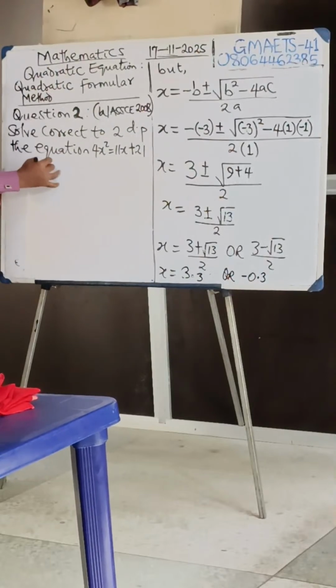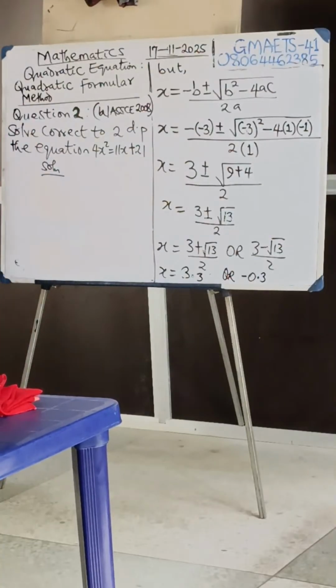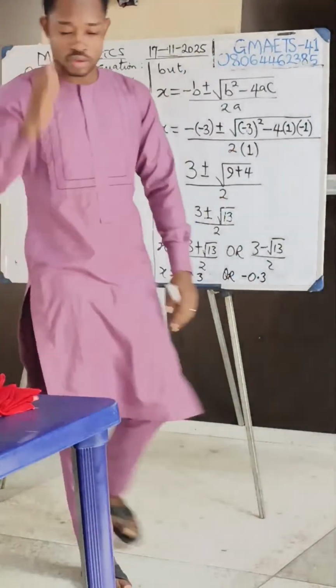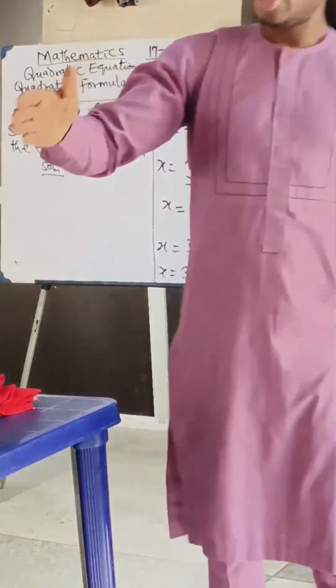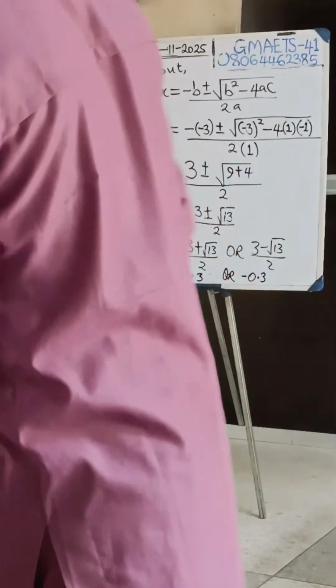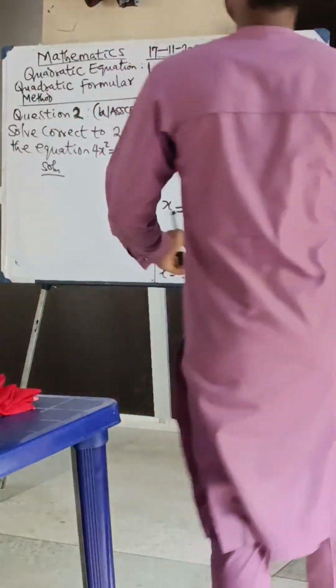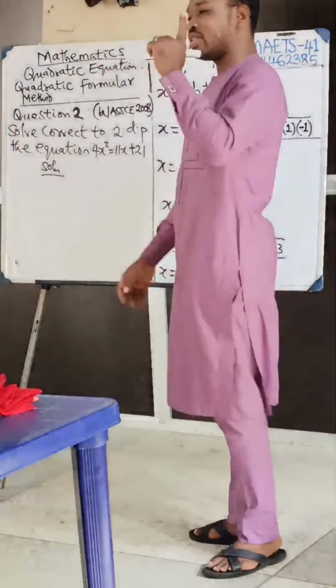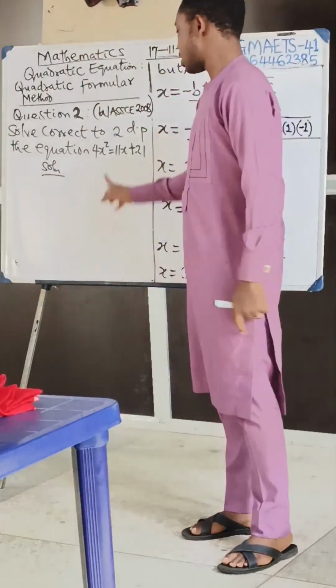Yes. Solution. We shall use the quadratic formula method. To start solving, you must bring everything to one side and make it equal to 0. Anytime a quadratic equation is given to you and it's scattered, bring everything to one side and make it equal to what? 0. Whenever you're bringing everything to one side, there is a rule you must know.